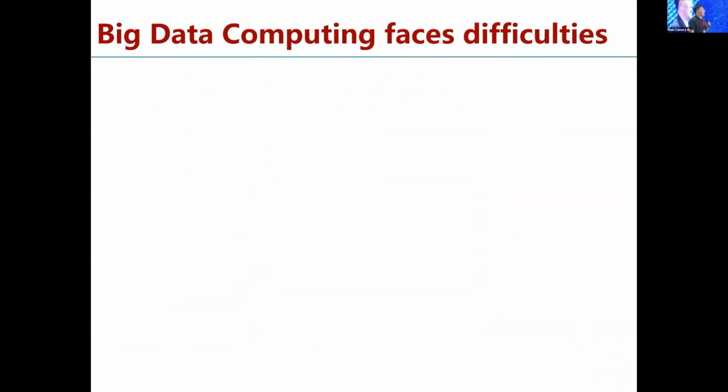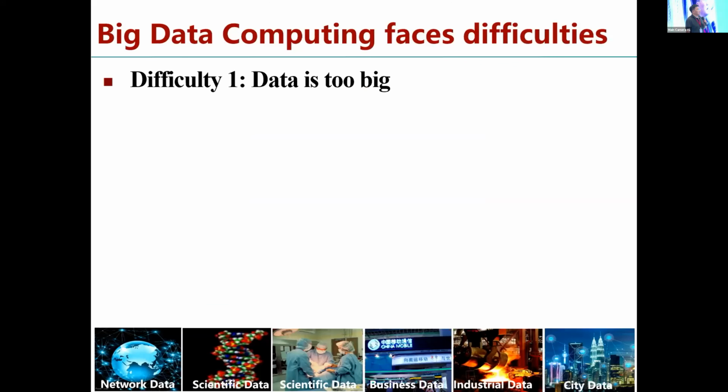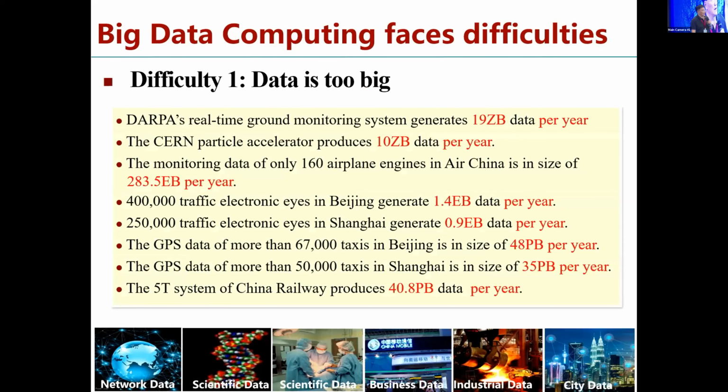Let's see. The first difficulty is that data is too big. These are examples of big data: 13 ZB per year, 10 ZB per year, 283.5 EB per year, and so on.